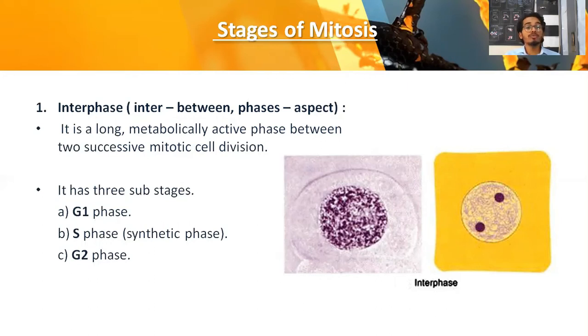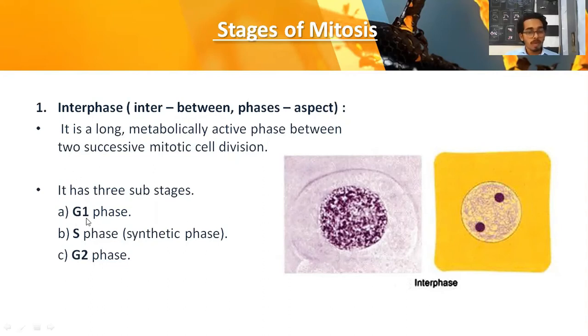But later, due to further research, scientists found that it was not a resting stage, but rather a preparatory phase. The cell was gathering all the nutrients and requirements for its further cell division process. This stage has three substages.